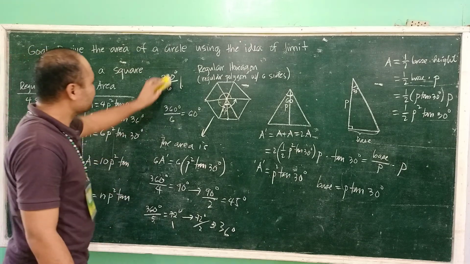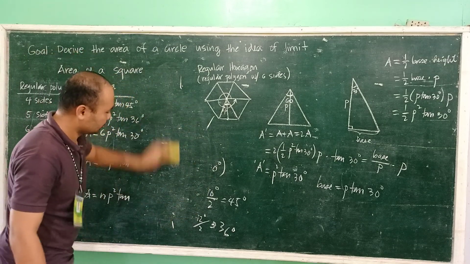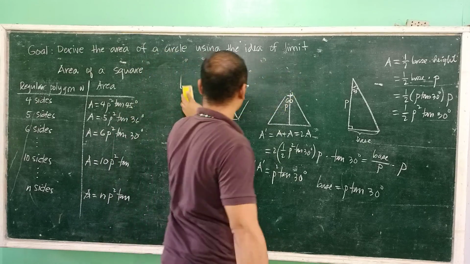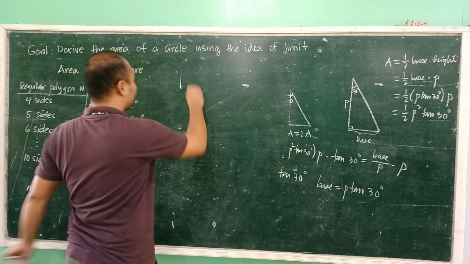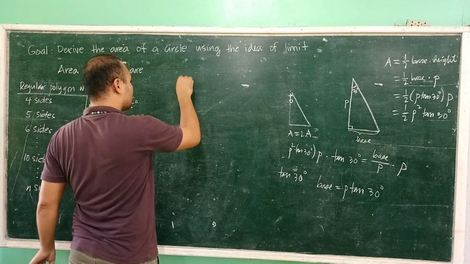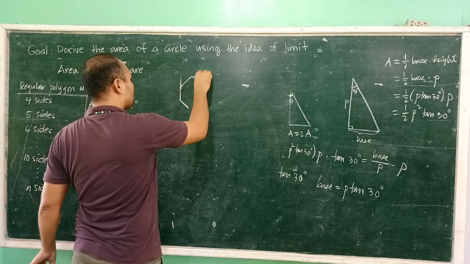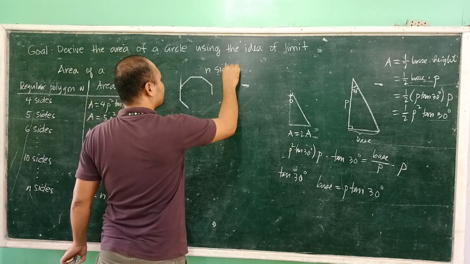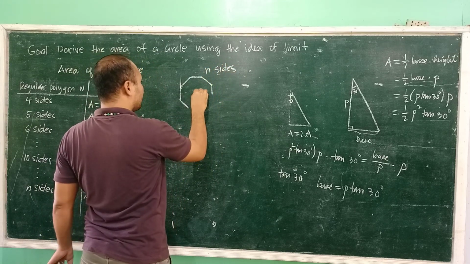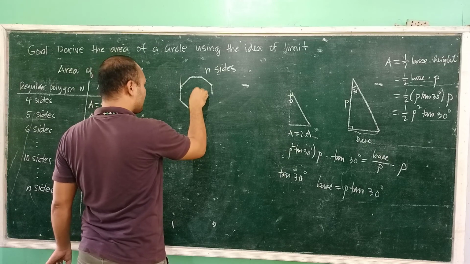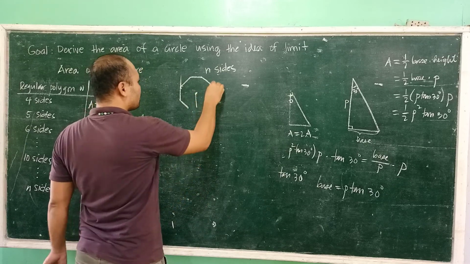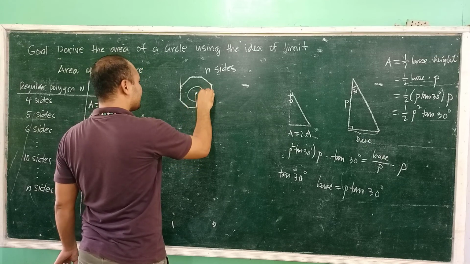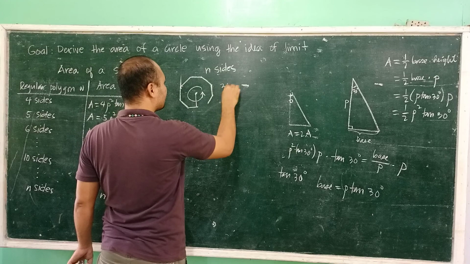The pattern is, if you have a regular polygon, for example, it has n sides. You make an apothem here, somewhere here. So, this is 360 degrees.